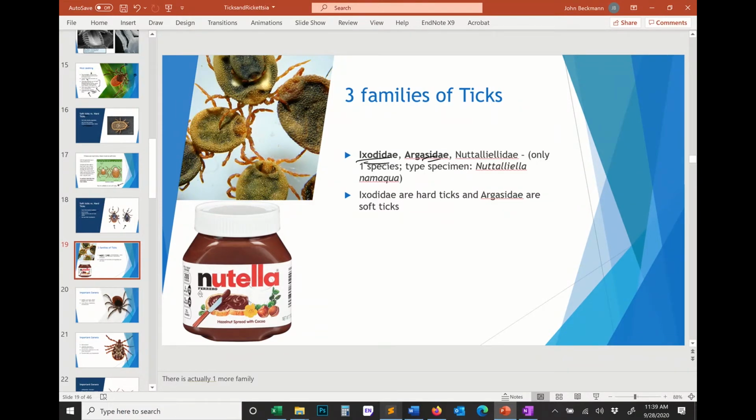So the families are literally separated: hard ticks are Ixodidae, and Argasids are the soft ticks. And then there's a third family, which has only one type specimen, Nuttalliella namaqua. I'm just putting that in there so that you know there are three families, but I'm not going to ask you anything about that because we don't worry about that one. You basically just want to know hard ticks and soft ticks. Okay?